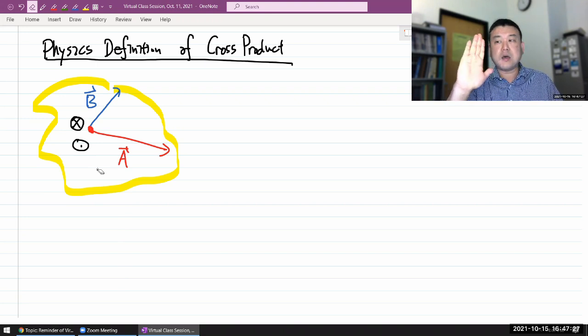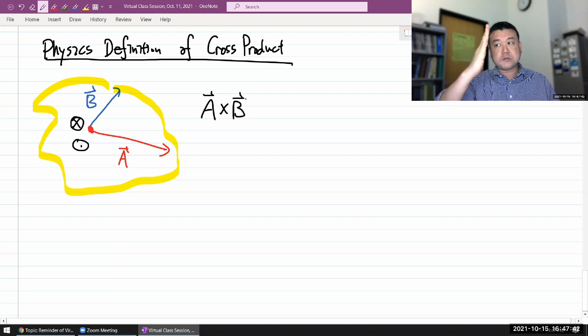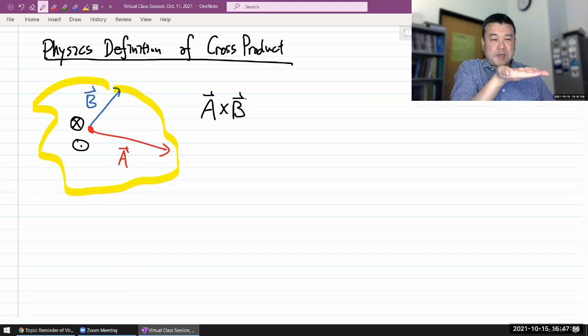In the whole hand version, you orient your hand in such a way that your hand points in the direction of the first vector. As I'm writing down A cross B, A is my first vector. So I orient my hand towards A, and I rotate my hand in such a way that as I curl my fingers, my curled fingers curl in the direction of B. Okay, this is not doing it, so it has to be A cross B. So I start with my hand pointed towards your right, so that the direction of my hand matches the direction of the arrow on the screen.